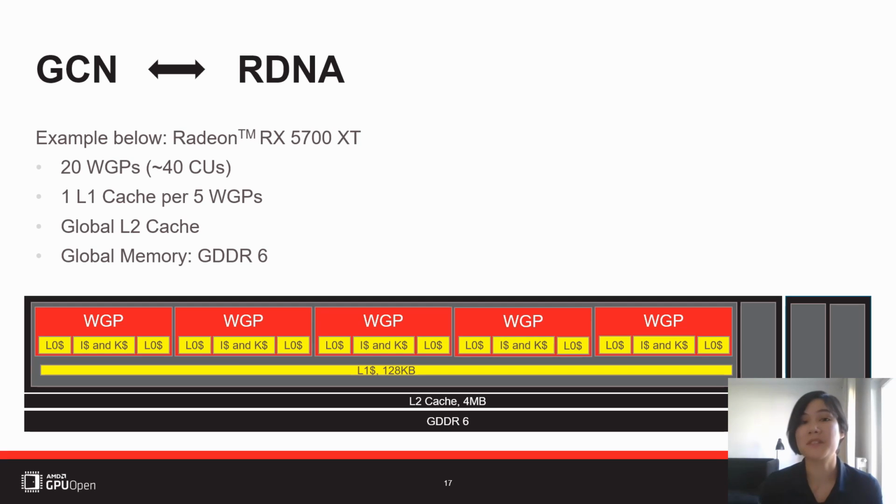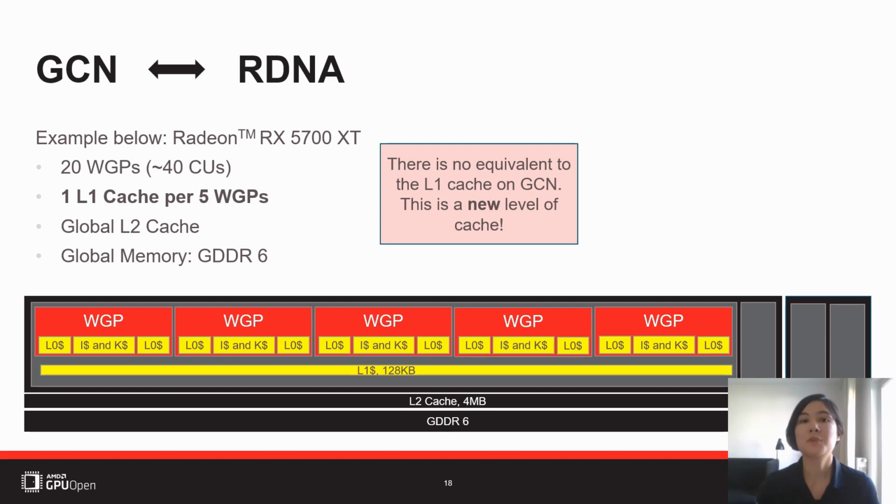Global memory is now GDDR6. And the big difference here is that it also has a level 1 cache, which is shared by 5 workgroup processors. So this level 1 cache is new. There's no equivalent on GCN for it. It's just a completely new level of cache, which means in fact that there is more cache available on RDNA.